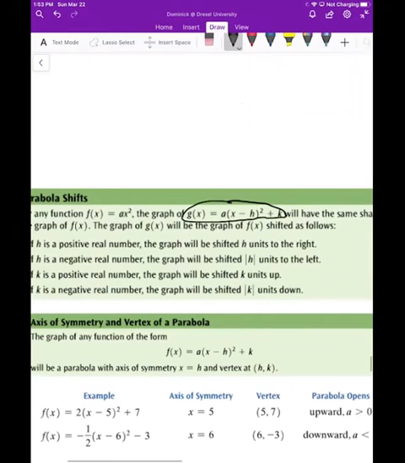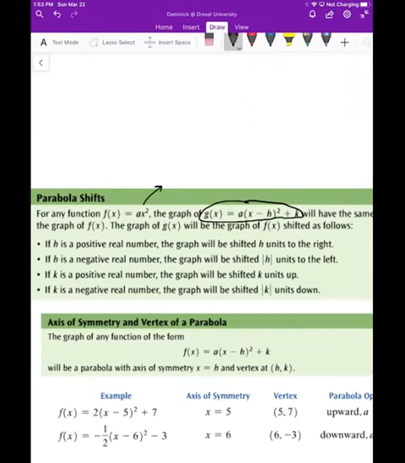And of course, this will just shift around the graph of ax squared, right? So when we previously discussed transformations, a lot of this stuff we've already talked about, but just to refresh your memory, this h value is going to result in shifts left or right. And the k is going to be shifts up and down.